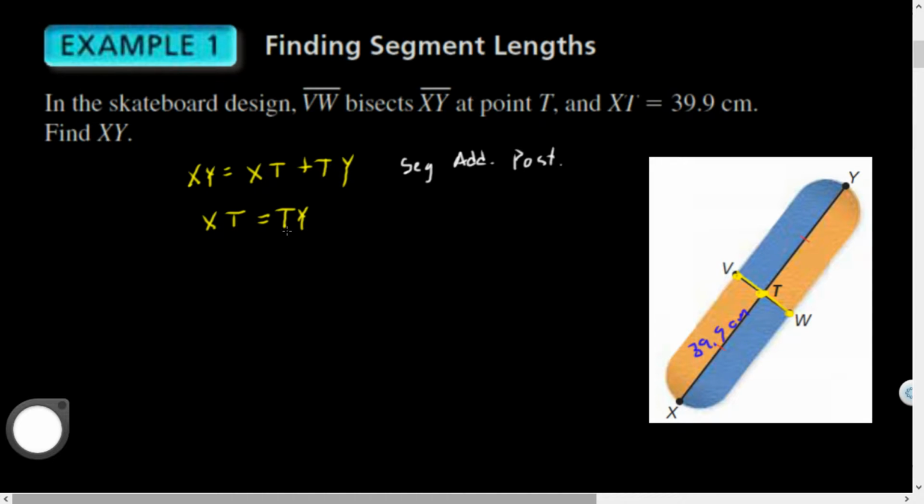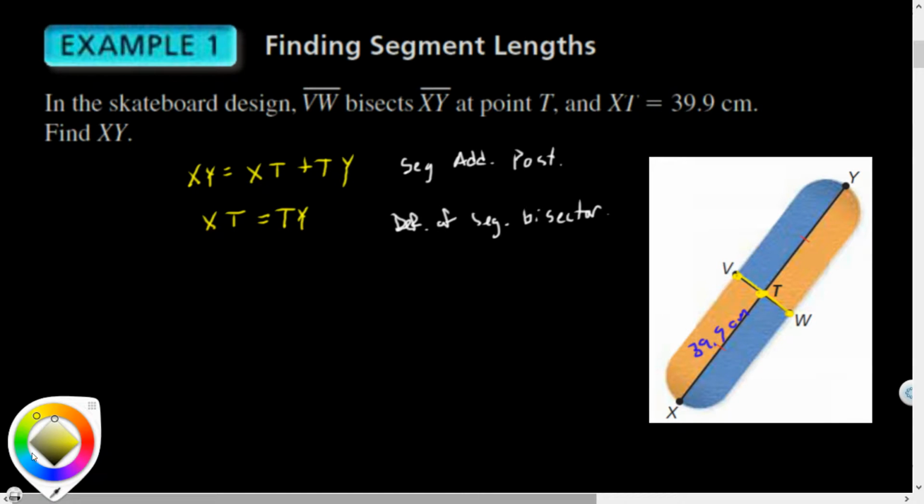Why do I know that XT is equal to TY? Because of the definition of segment bisector. So logically I could make that claim.